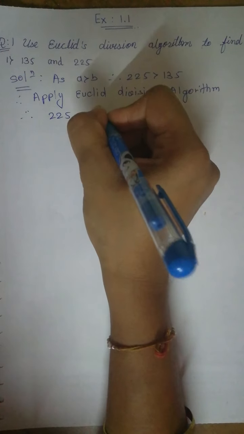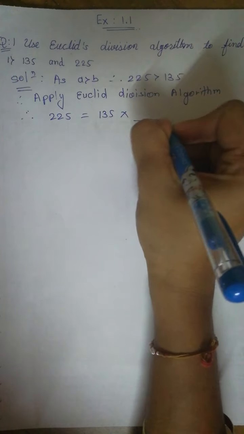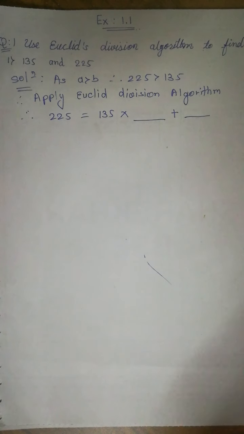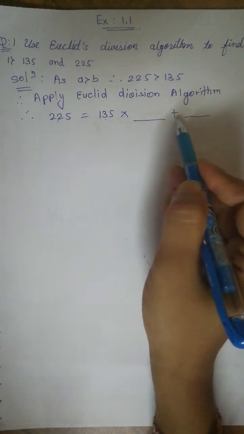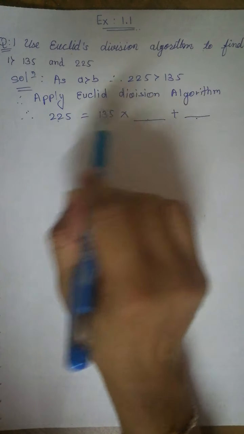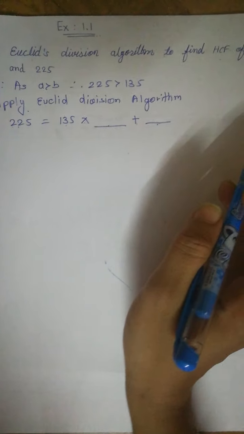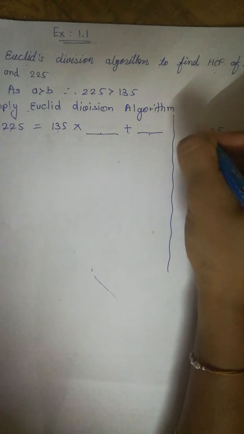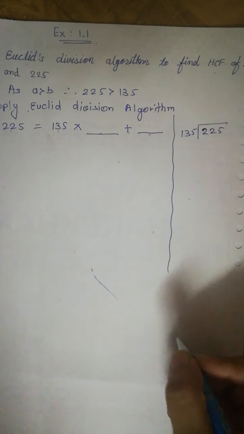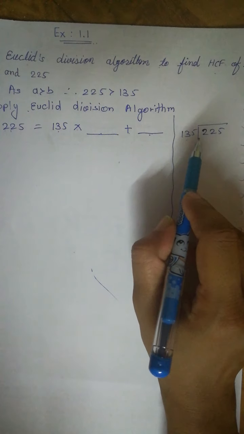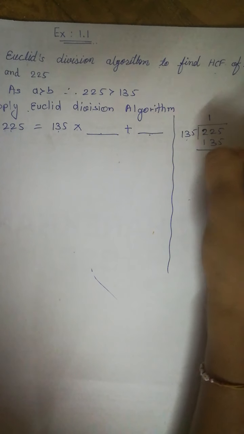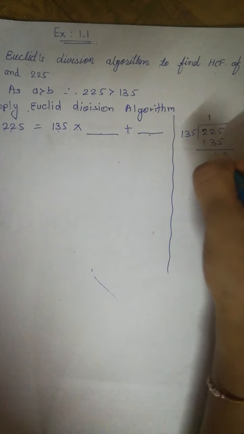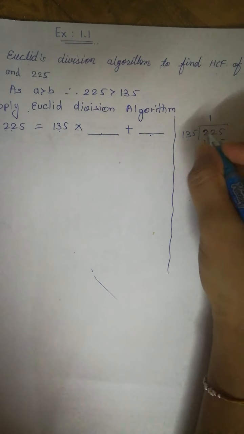225 is equal to 135 into, we have to put here the quotient, and plus we have to put here the remainder, because our EDL is A equals B into Q plus R. So we have to put the quotient by dividing these two numbers, and here the R. So let's check what Q and R are by dividing. 225 divided by 135: 135 ones are 135, 225 minus 135 is 90.